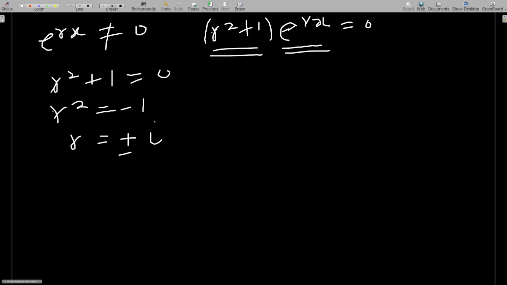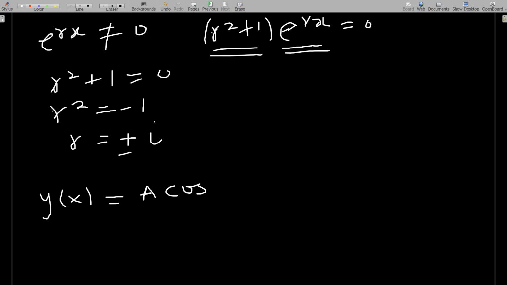So the moment you have something like this, with complex numbers, you know that the solution is given in terms of cos and sine. This should be equal to a constant a times cos of the value in front of the i, which is just 1.